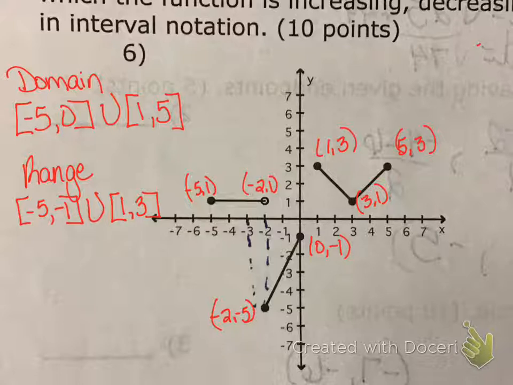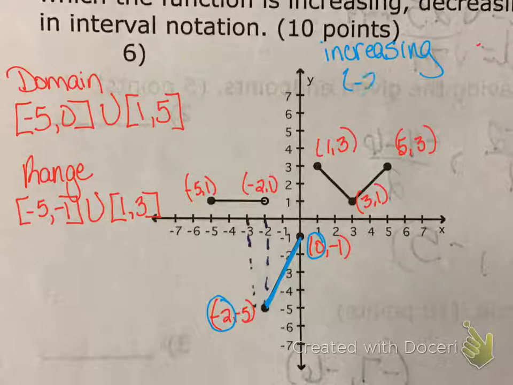Now, when I'm talking about increasing, decreasing, and constant, I am only talking about the x values. So I'm back to only talking about x values. So the first thing I'm going to look for is increasing. Okay, and here is an increasing right here. So I'm looking at the x values in between those two ordered pairs.